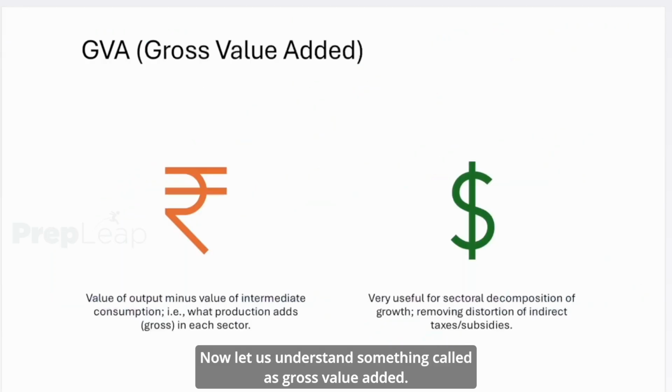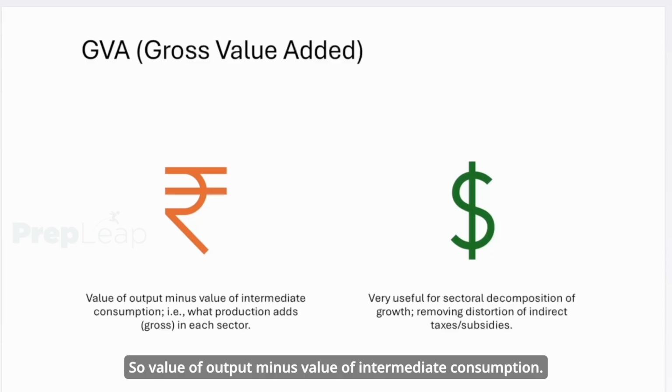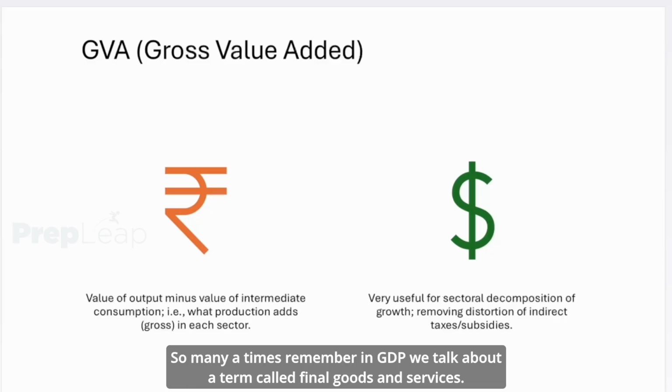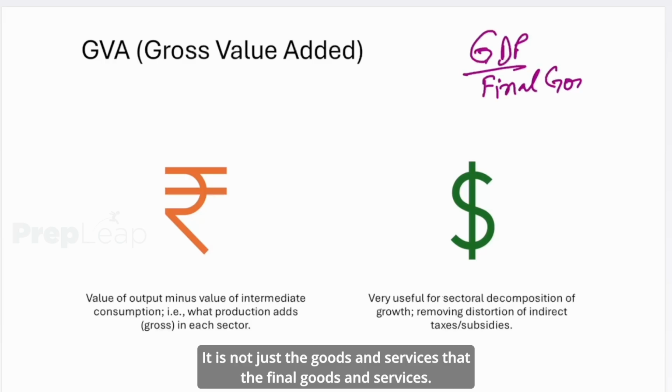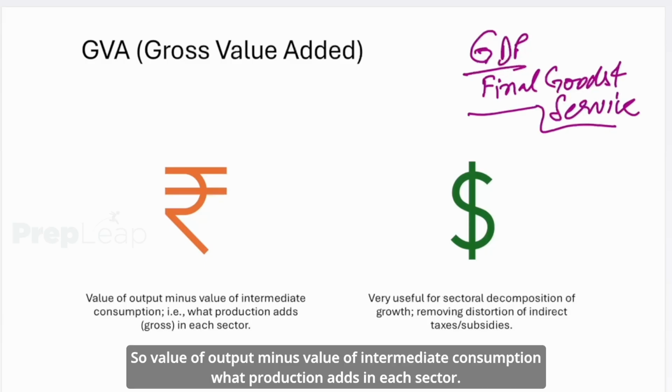Now let us understand something called gross value added. So value of output minus value of intermediate consumption. Many times, remember in GDP, we talk about a term called final goods and services. It is not just the goods and services, it is the final goods and services. So value of output minus value of intermediate consumption is what production adds in each sector.